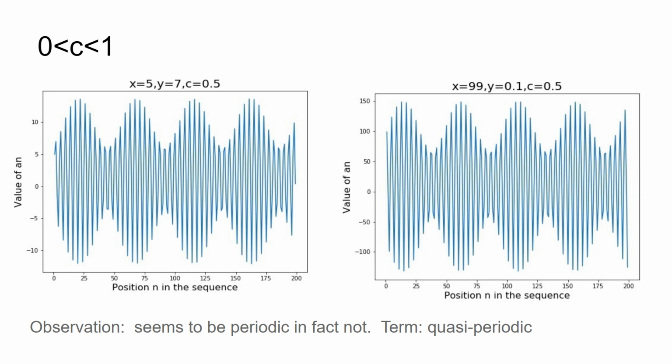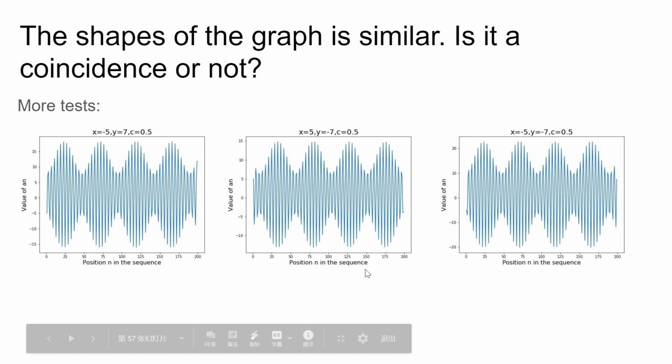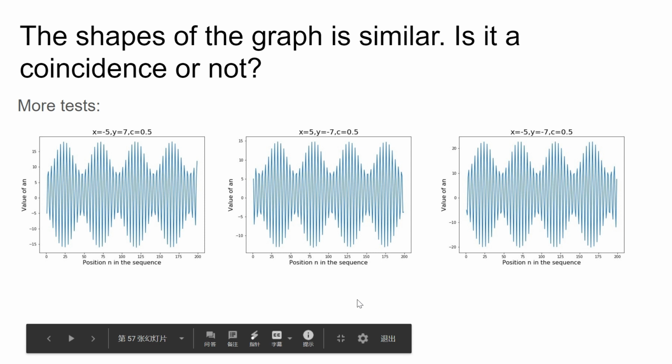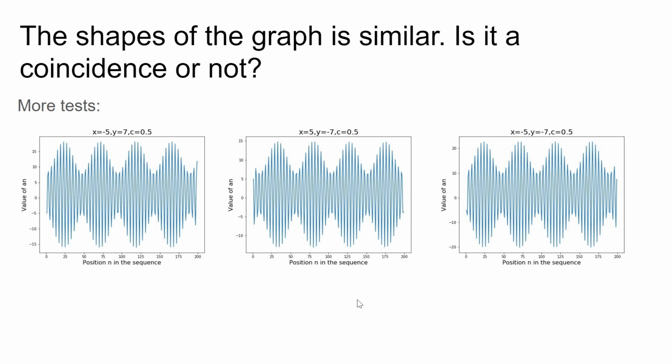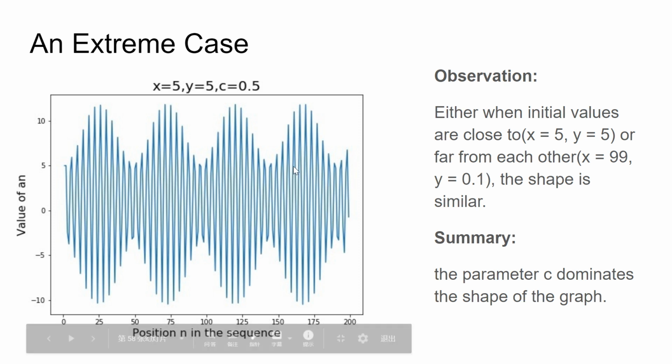To validate my guess, I test more cases. And surprisingly, all of these three graphs show a similar pattern. And I add an extreme case where the initial values are equal to each other, and the shape is still similar to the previous ones.